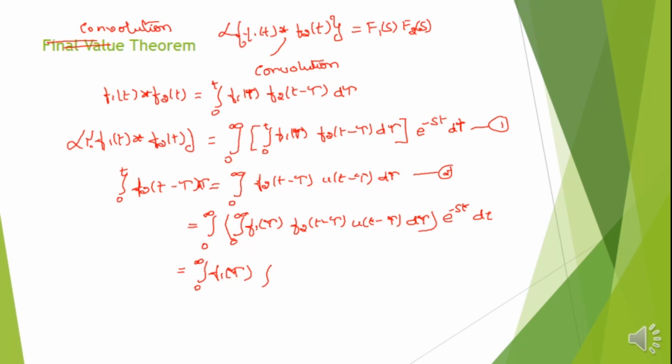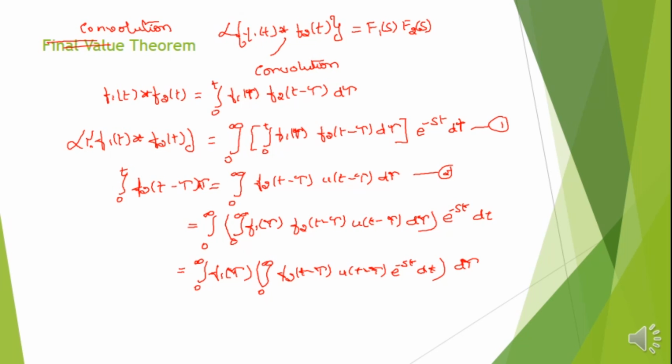Then 0 to infinity f2 of t minus tau u of t minus tau e to the power minus st dt, then d tau. So integrating with respect to t separately and then integrating with tau.